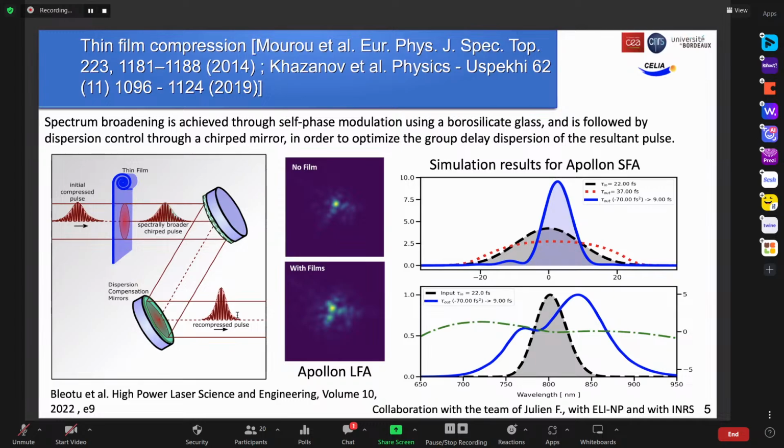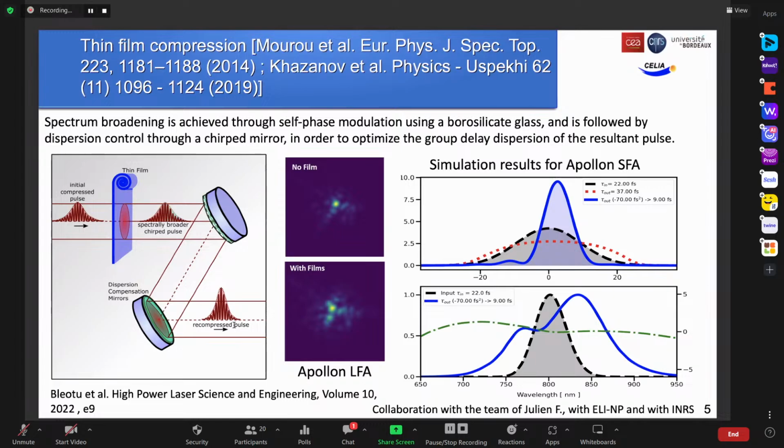So there were nice experiments that were performed at INRS a few years ago, where they were able to go from 25 femtoseconds to something like 12 or 14 femtoseconds.